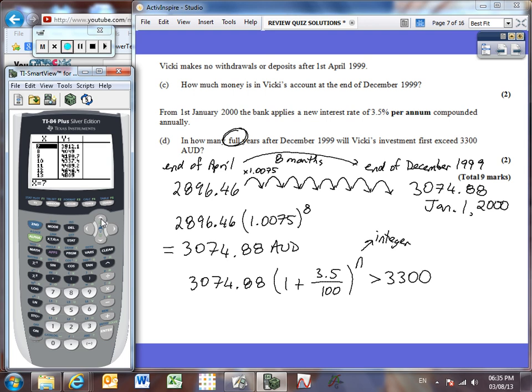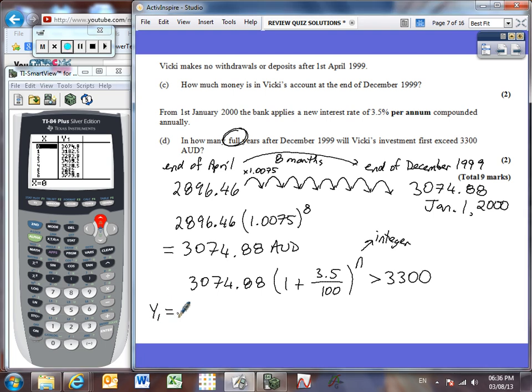So we want to find out how many full years it took to pass 3,300. And when you're using a table to show your work, we only need to show the row before and the row after it actually passed. And so we know that we're dealing with y1 equals this function.